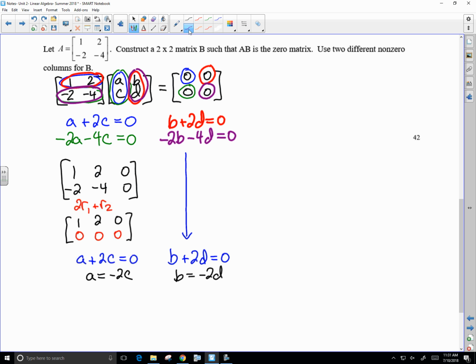All right, well, anyway, let's use two different non-zero columns for B. So let's let C equal 1 and D equal 2, I guess. If that's the case, then A is equal to -2 and B is equal to -4. So this is my matrix B.